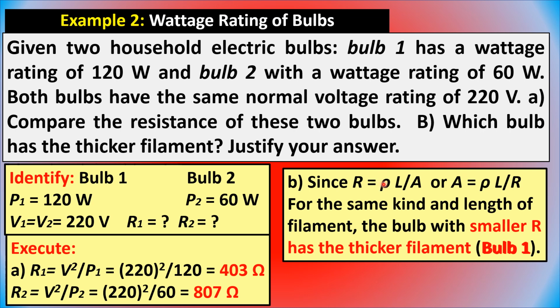So that is what we call resistivity. Assuming that is constant and the lengths of the filaments are constant, we are only relating the thickness, in terms of the cross-sectional area, to the resistance. We say that the bulb with the smaller resistance has the thicker filament, and that is bulb 1.